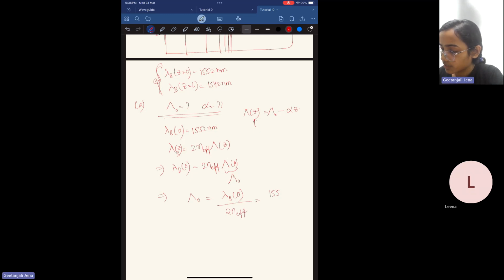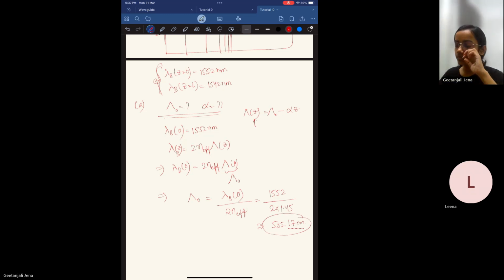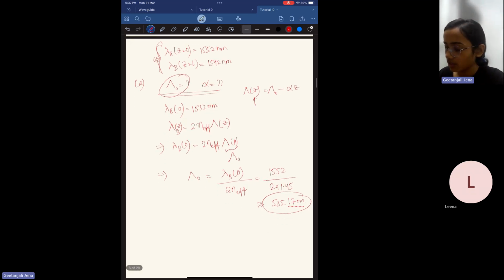This is 1552 nanometer over 2 times 1.45, and this comes around 535.17 nanometer. So for the initial grating period, we have the value.